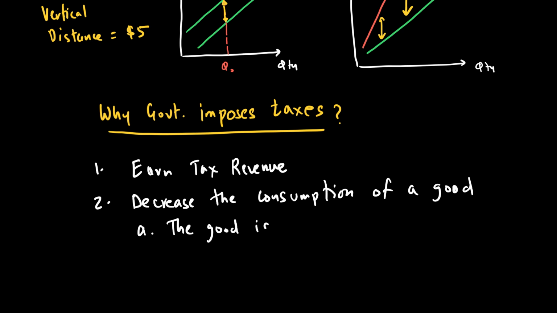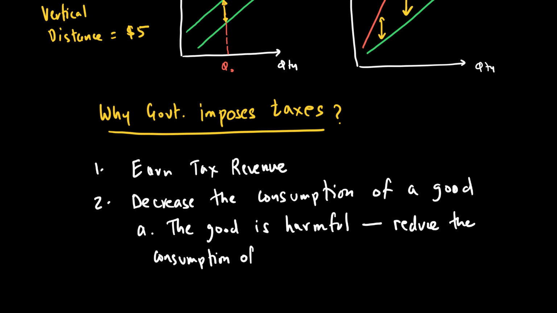If you look at government putting taxes on cigarettes, it's because the good is harmful, and therefore when you put a tax, the quantity demanded goes down, and that means we are trying to reduce the consumption of demerit goods in the societies.